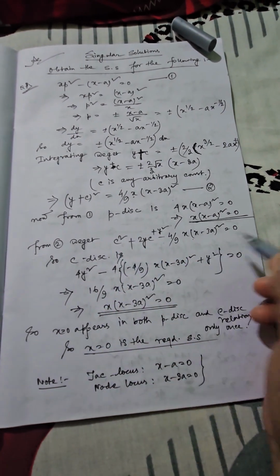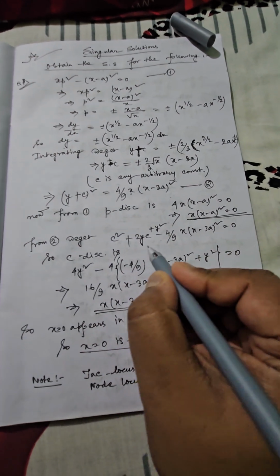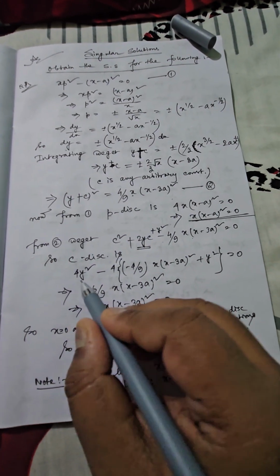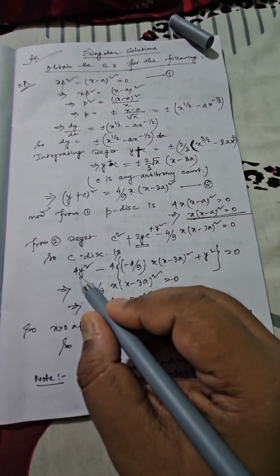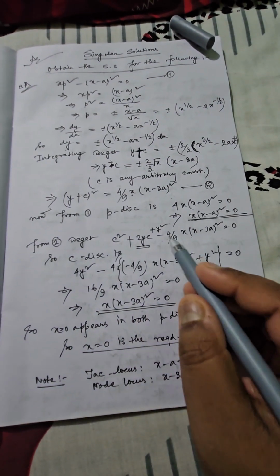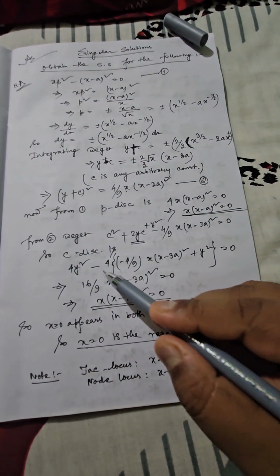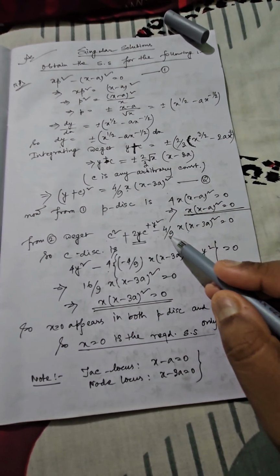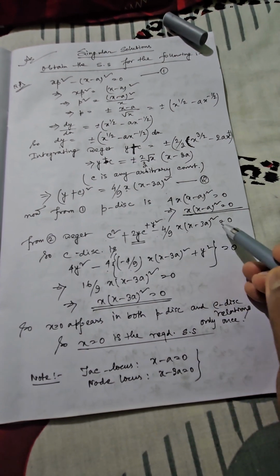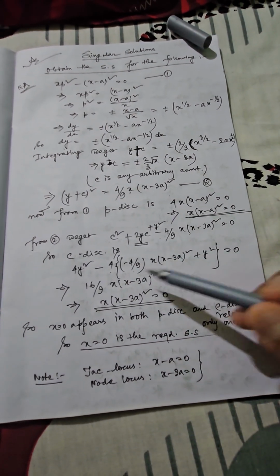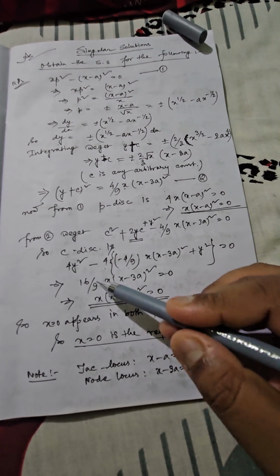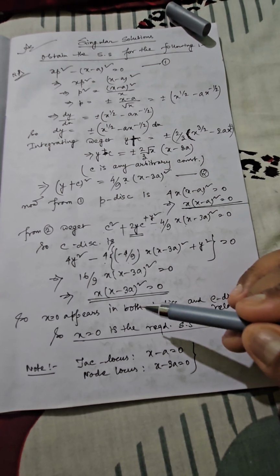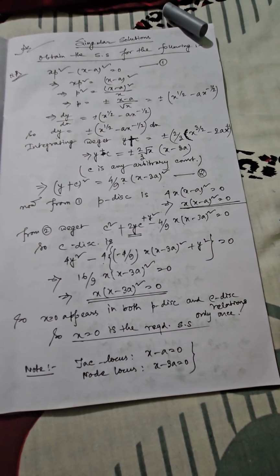If you compare this equation with ax² + bx + c, the coefficient of c is in this case 2y, so you square it because it resembles b. So 4y² minus 4, that means the 4ac term, where a refers to 1 and c refers to y² − (4/9)x(x − 3a)². After simplification, you will get (16/9)x(x − 3a)² = 0, and finally x(x − 3a)² = 0.